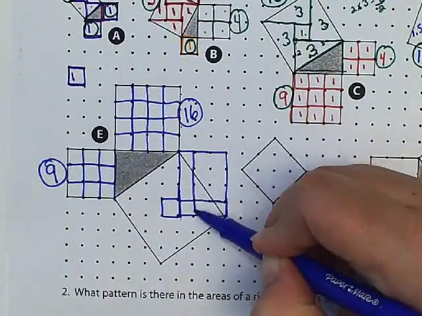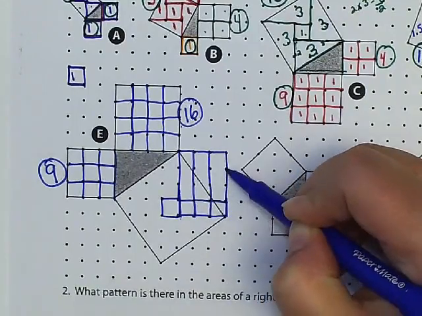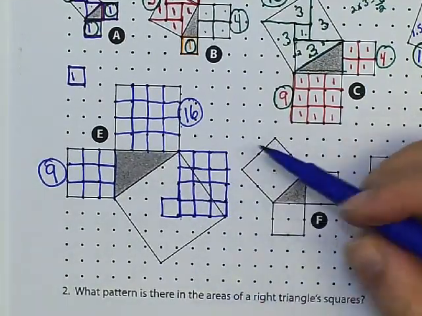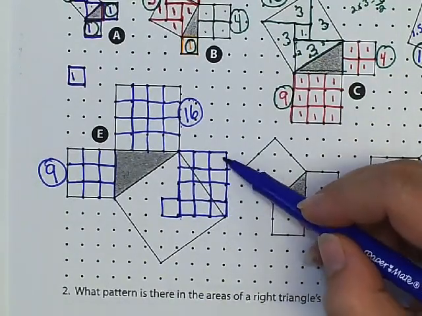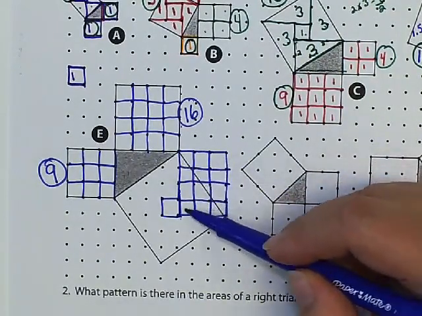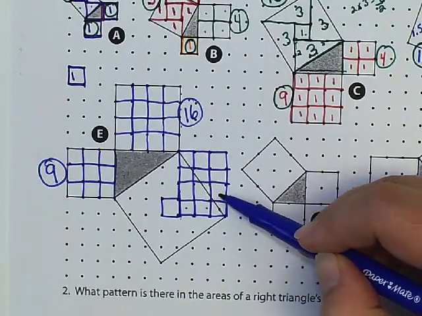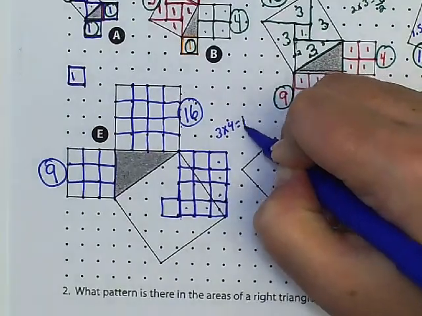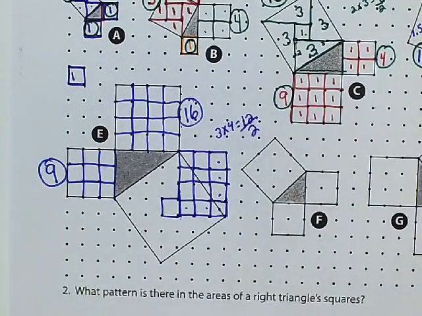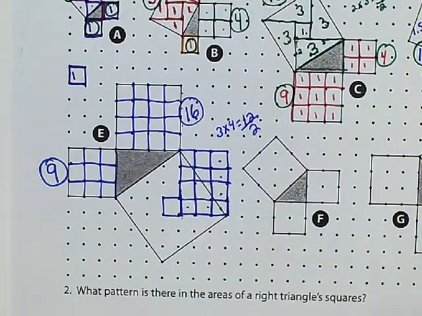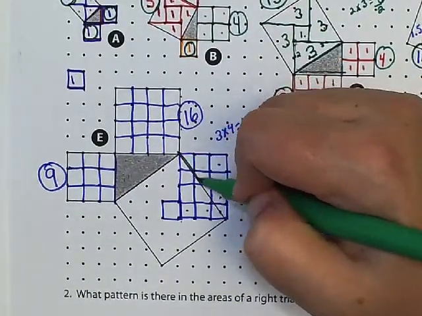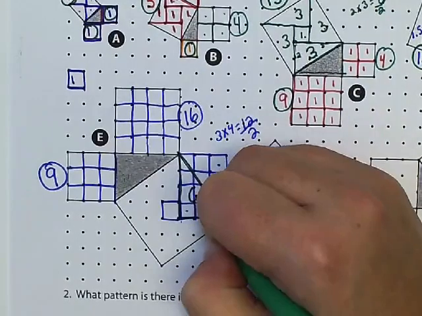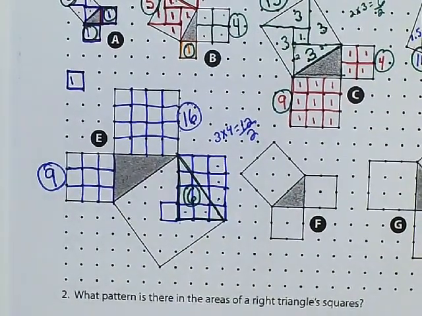Then we're going to put our, so this is a 3 by 4, right? 1, 2, 3, and then 1, 2, 3, 4. So 3 times 4 is 12, and what's half of 12? So that would be 6. So half of it, right here, would be 6. So we're going to circle that.